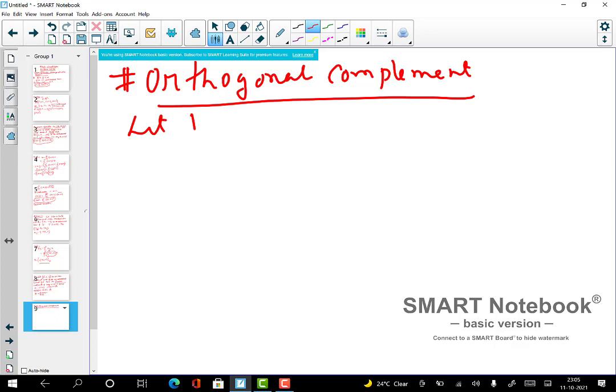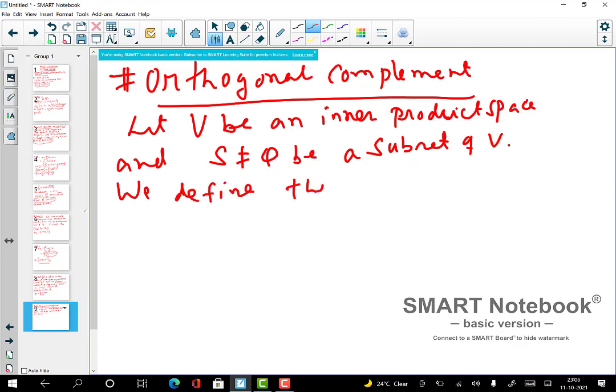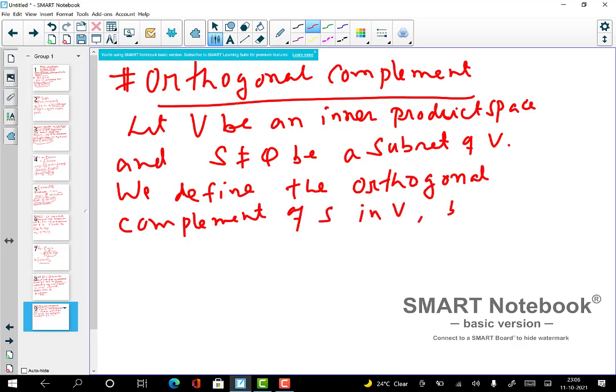So let V be, and I am not saying finite dimensional, whatever, an inner product space, and you choose a subset, rather a non-empty one, so let S be a subset of V. Define the orthogonal complement of S in V obviously by these symbols.